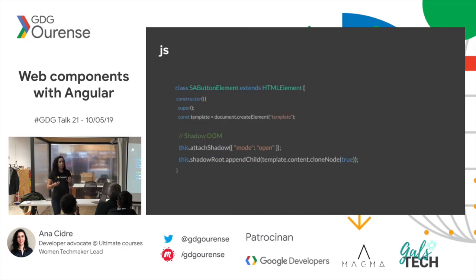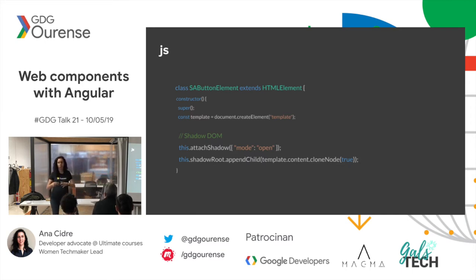Next up is our custom elements. So custom elements are actually extended from HTML element, which provides us with quite a few cool methods like connected callback. Again, I'm not going too in depth with web components today, but I just wanted to show you how easily we can add shadow DOM. What we do is we clone the template to our shadow DOM instead of to the DOM. And then you're done.